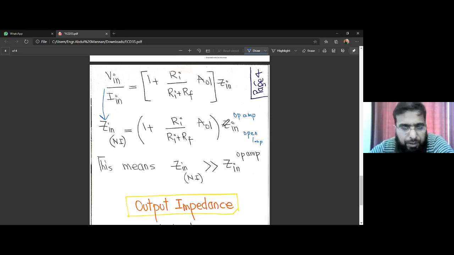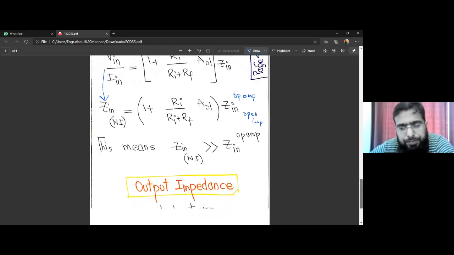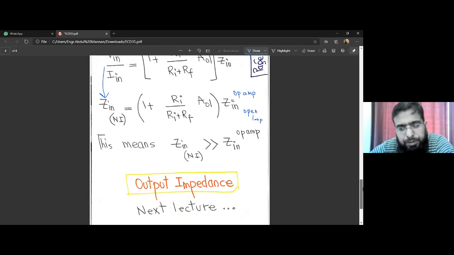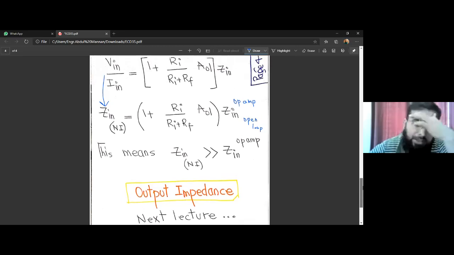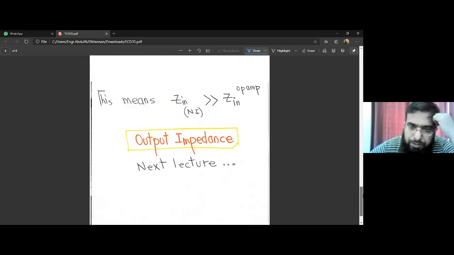So Zin of the amplifier is much greater than the Zin of the op-amp that we see in open loop operation. So the non-inverting amplifier gives us control over the gain, and it also increases the Zin of the op-amp, which is a good sign.